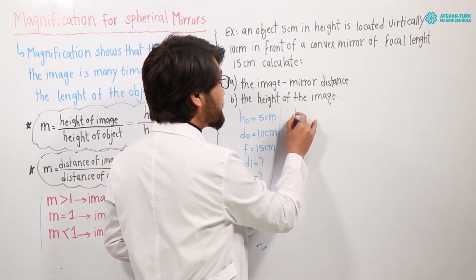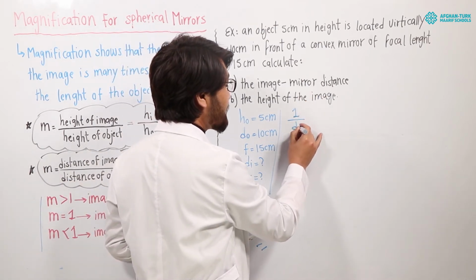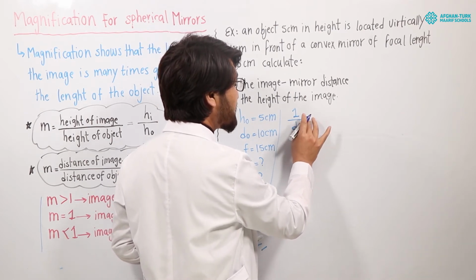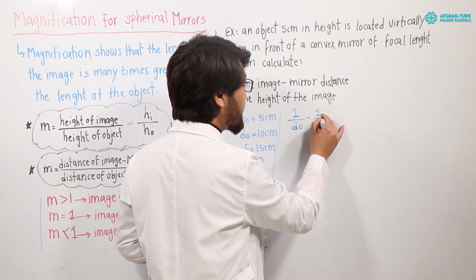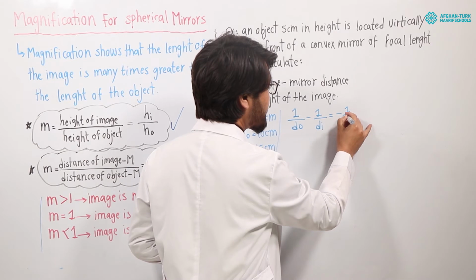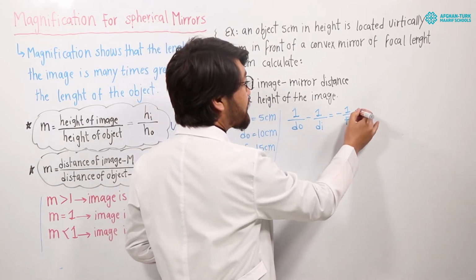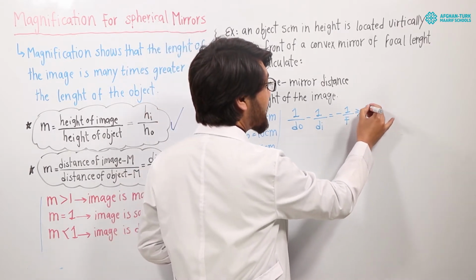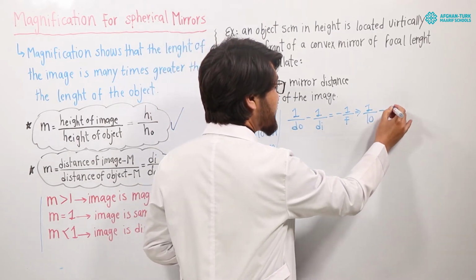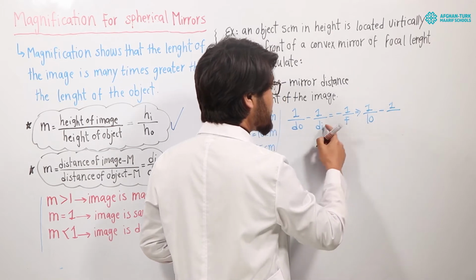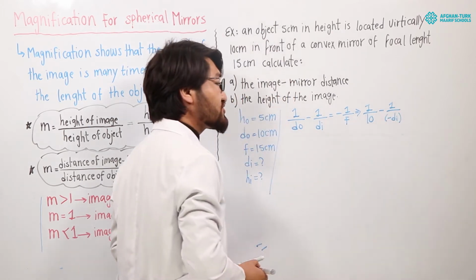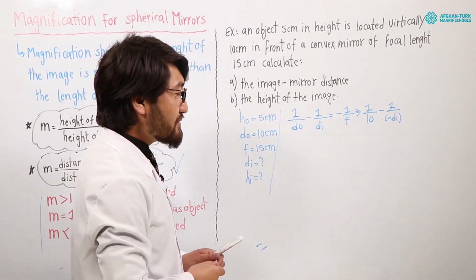We have a formula for convex mirror: 1 over DI plus 1 over DO is equal to minus 1 over F. DO is 10 centimeter, so 1 over DI plus 1 over 10 is equal to minus 1 over F. You know that the distance should be negative.